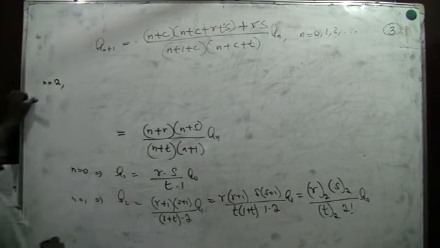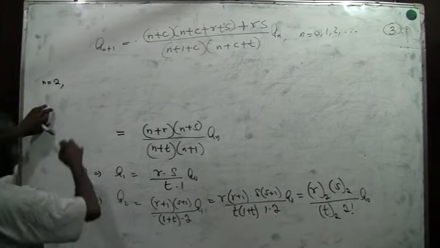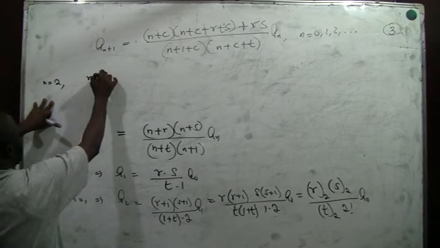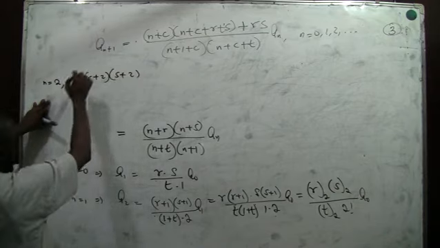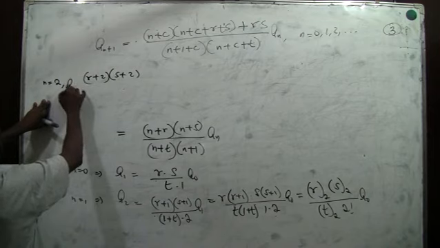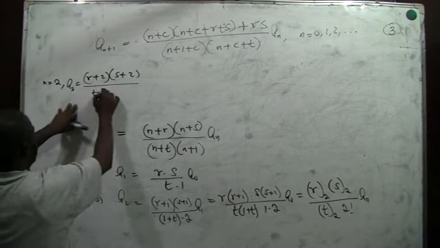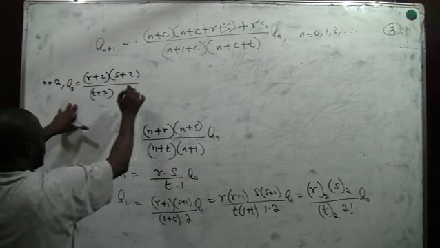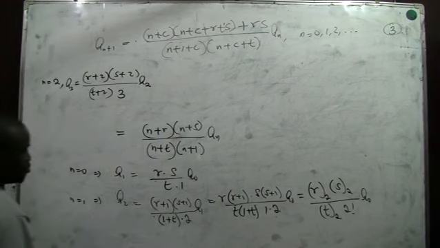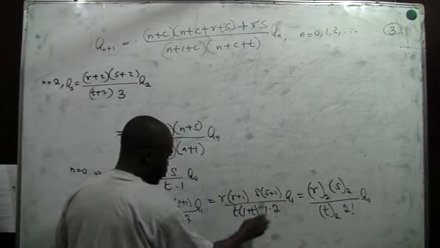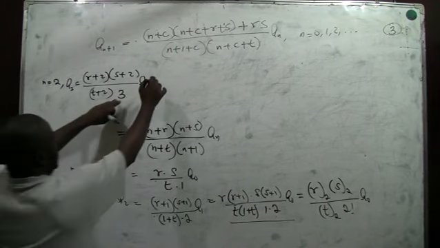If I substitute n equals 2, I have (2 + r)(s + 2) a_3 divided by (t + 2) times 3, a_2. a_2 has a value, and this is the value I will make use of, but let us use this so that we'll be able to see the trend.